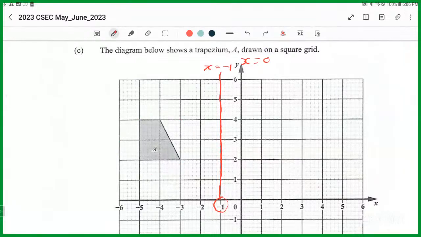Reflecting this image, let's do it in blue. Let's do it one point at a time. This point first: 1, 2, 3 to the mirror line, so you go 1, 2, 3 on the other side to here. This point is 1, 2, 3, 4 to the mirror line, so it goes 1, 2, 3, 4 on the other side to here.